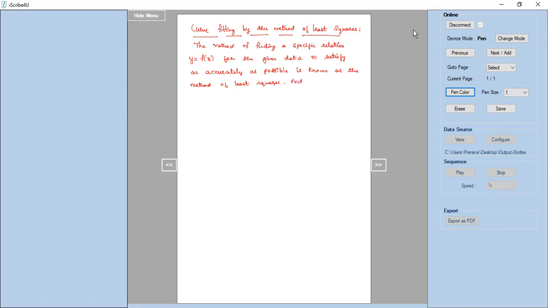And an equation which satisfies the above condition is called the best fitting equation or the curve of best fit.